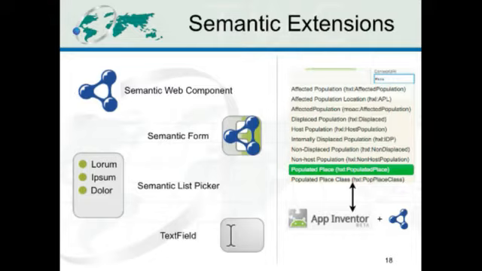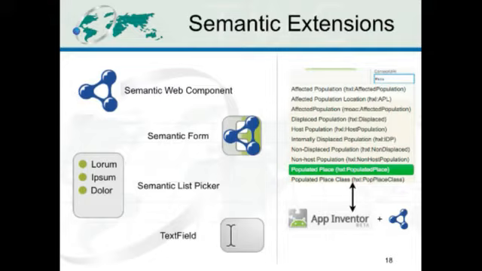So in this case, the particular project we're working on at MIT, they're interested in disaster management. And so they've found a handful of disaster management ontologies, which we've loaded into this. And so you can see here I've typed the start of population, and then it comes up with a number of different classes from those ontologies containing the term population, or populated place in this case.